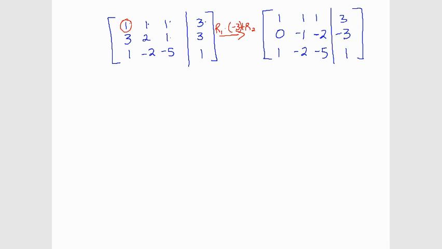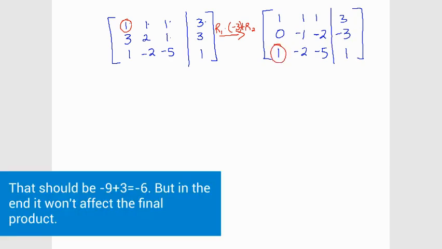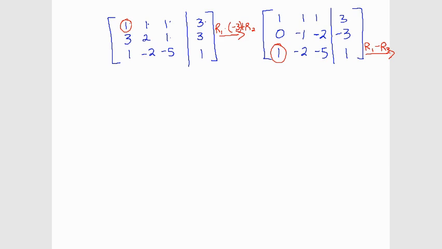And then -6 plus 3 gives us -3. Okay, so let's go ahead and work on getting this to be 0. We'll do that by, this time I'll actually subtract. So row 1 minus row 3 so that it's a little bit more clear. So 1, 1, 1, 3, 0, -1, -2, -3.